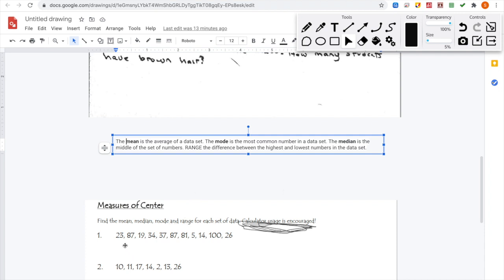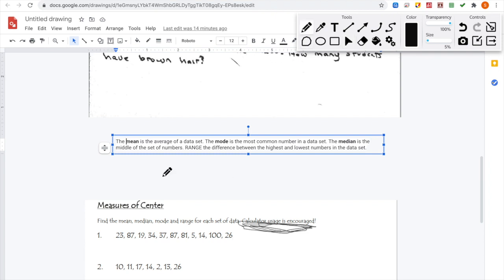Which number shows up the most amount of times? Well, 23 shows up 1 time. 87 shows up 1, 2 times. 19 shows up 1 time. 34 shows up 1 time. 37 shows up 1 time. 81 shows up 1 time, 14 1 time, 100 1 time, and 26 1 time.